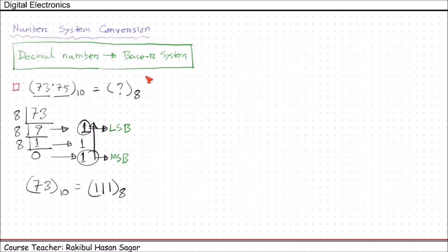Now let's solve the fractional part. For the fractional part, we need to multiply 0.75 by the base 8. The result we get is 6.00. If we write the carry separately, the carry is 6. The 6 is here. No need to multiply this 00 with 8. We will get zeros, so we are not writing.